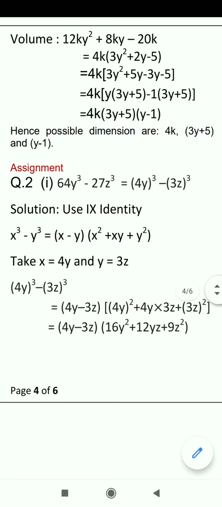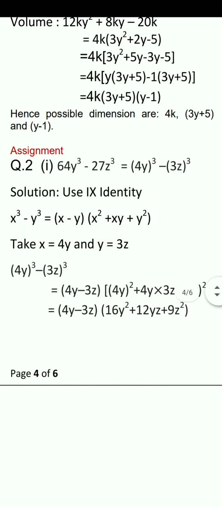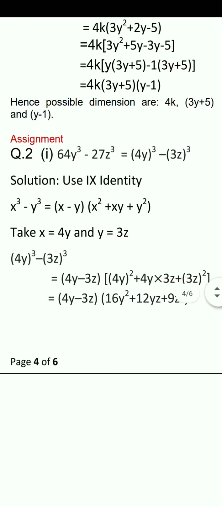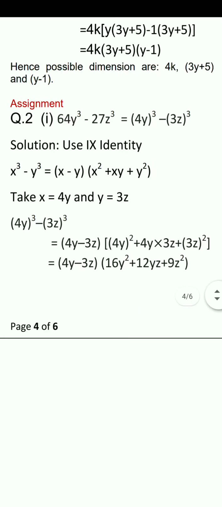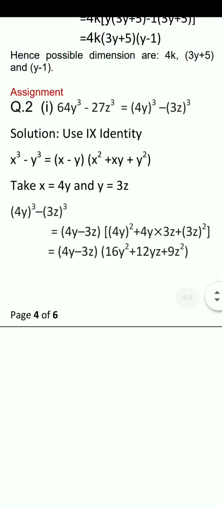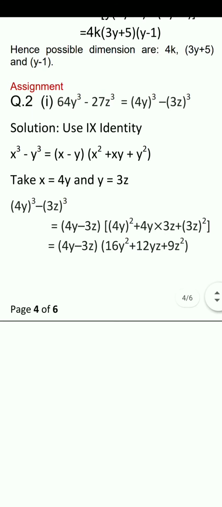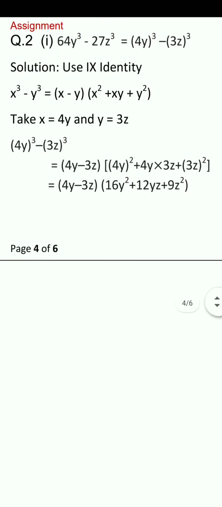Use the ninth identity, that is x cube minus y cube equal to x minus y in the first bracket, second bracket x square plus xy plus y square. Here take x equal to 4y and y equal to 3z. So in the first bracket 4y minus 3z, and second bracket 4y whole square plus 4y into 3z plus 3z whole square. First bracket will remain the same, 4y minus 3z. Second bracket 4y whole square will become 16y square, plus 4 times 3z, 12yz. The same way 3z whole square becomes 9z square.